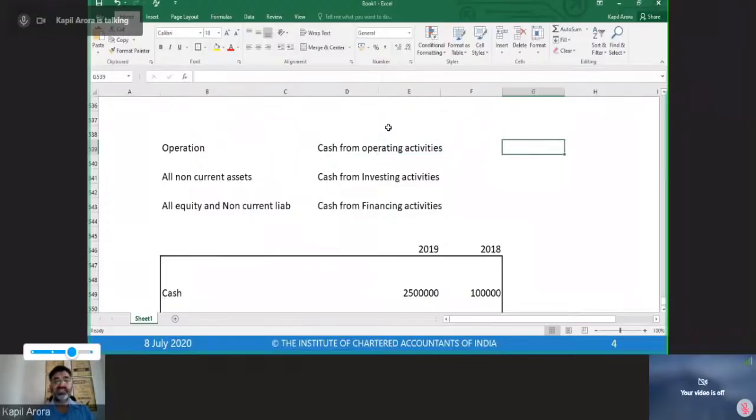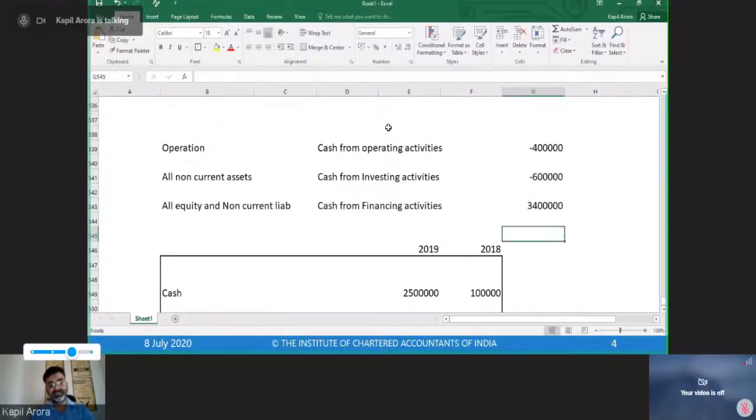Let's assume there is a change in the cash flows of 24 lakhs. Cash from operating activities was negative, whereas cash from investing activities was again negative. And cash from financing activities, I have taken a loan of 34 lakhs.